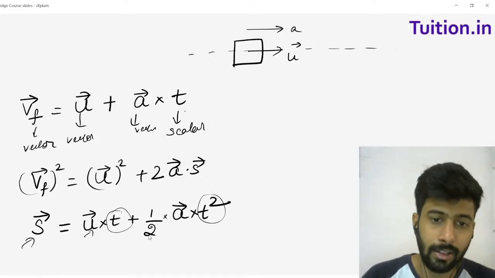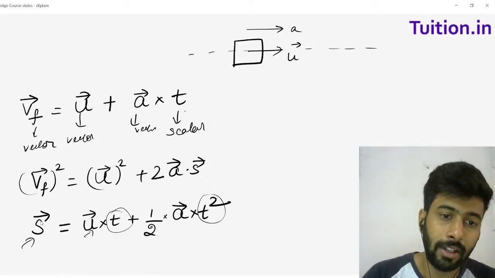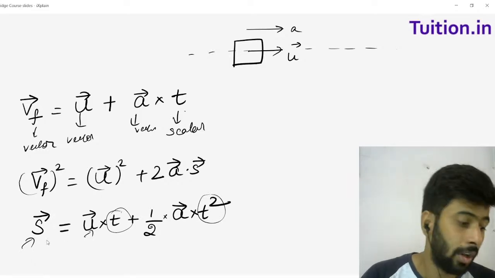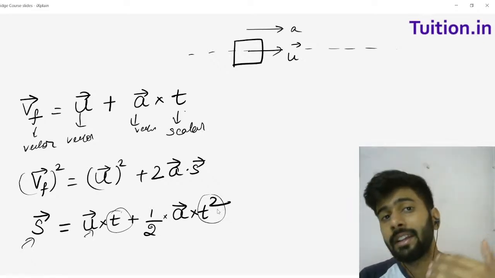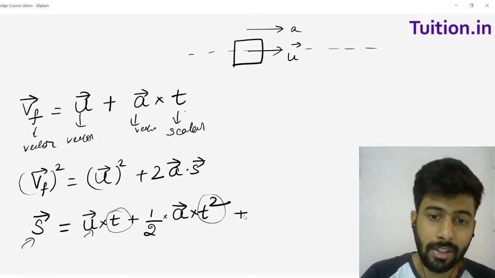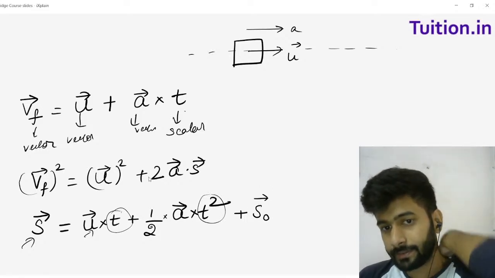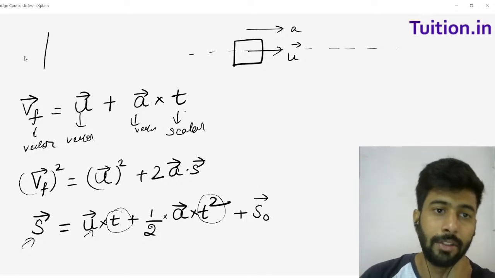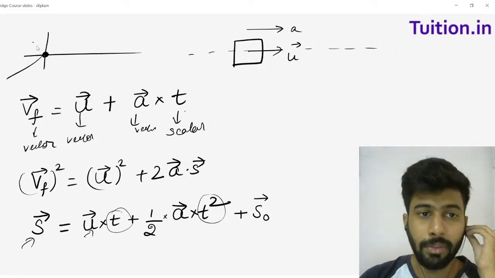And by the way, this is displacement vector. If your particle started from initial displacement 0, if your particle started from some initial displacement s naught, then that s naught's position vector also has to come. So what I was meaning to say is, in three-dimensional motion, let's say your object starts from the origin.